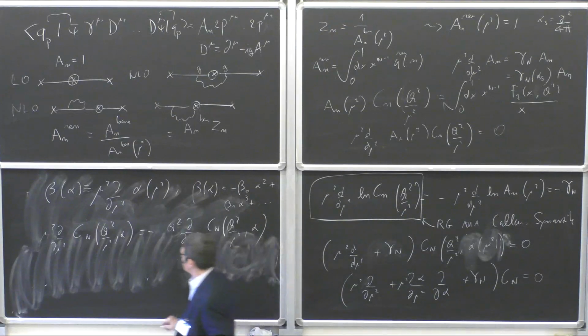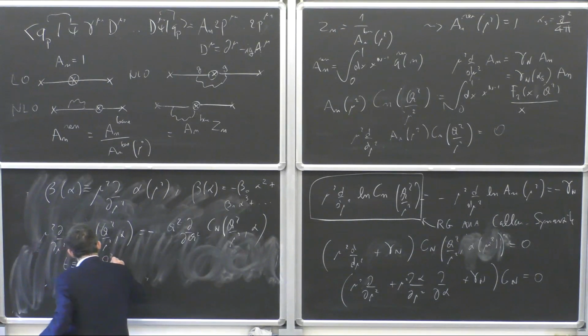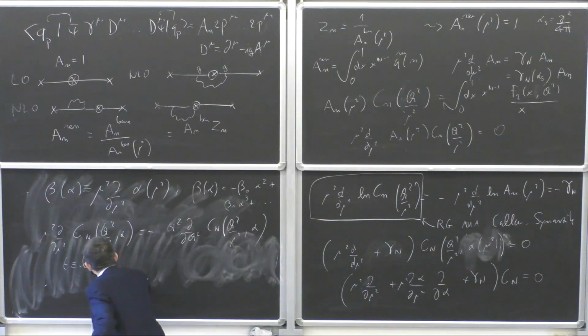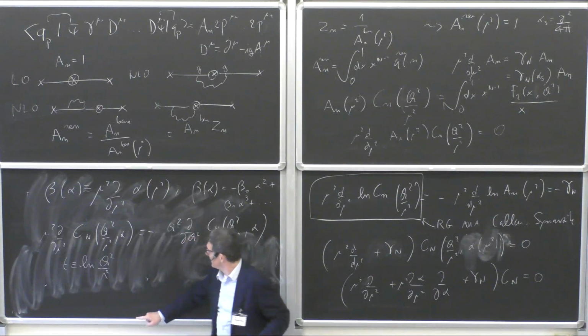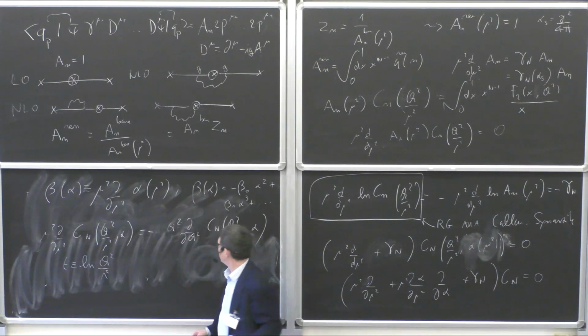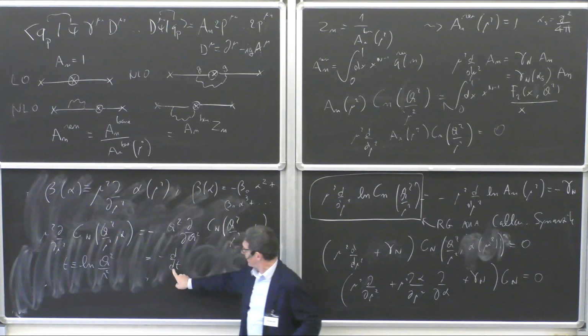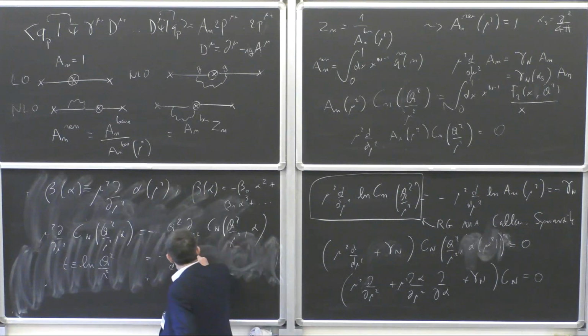Sometimes people introduce a variable t, which is defined as the log of q square divided by, let's say, lambda square. What's lambda square? It doesn't matter, it's some reference scale that I decide to pick. Then you can write this as minus d by dt, and I'm now writing this as a total derivative because this depends on t only through the first argument, q square over mu square, alpha.